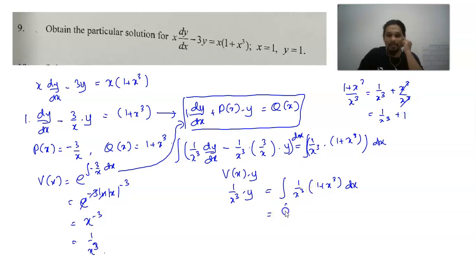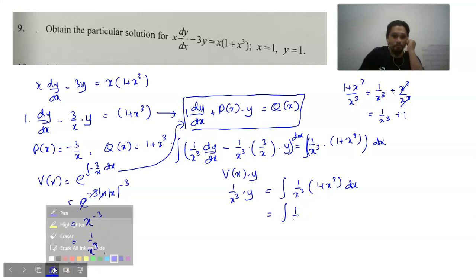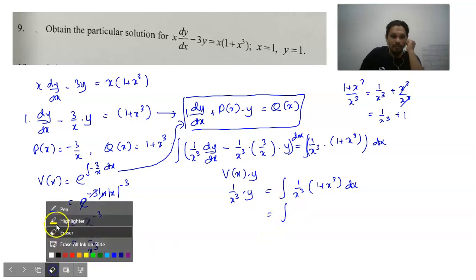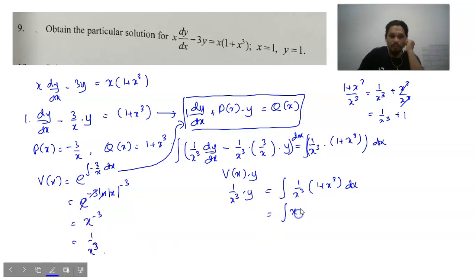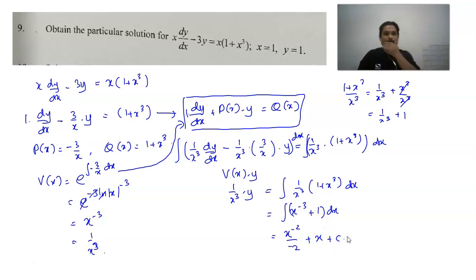The integral of 1 over x cubed, or the integral of x to the power of negative 3, plus the integral of 1 dx, gives x to the power of negative 2 divided by negative 2 plus x.